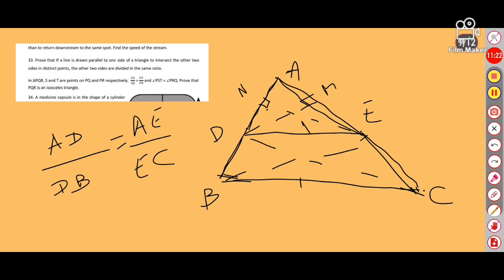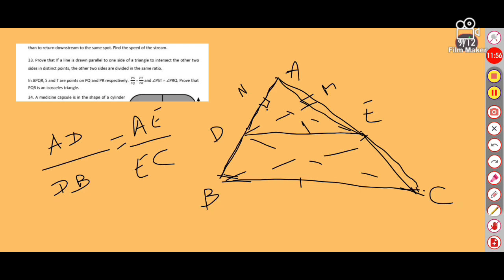So for that they are joining B to E and C to D. I have drawn the dotted lines joining B to E and C to D. Then drawing DM perpendicular to the line AC, similarly EN perpendicular to AB. So they are just drawing perpendiculars to these two sides of the triangle ABC.